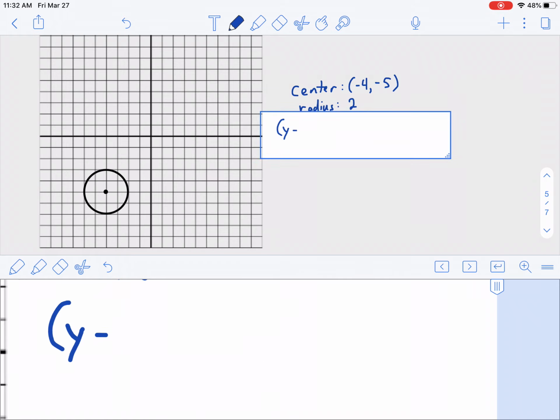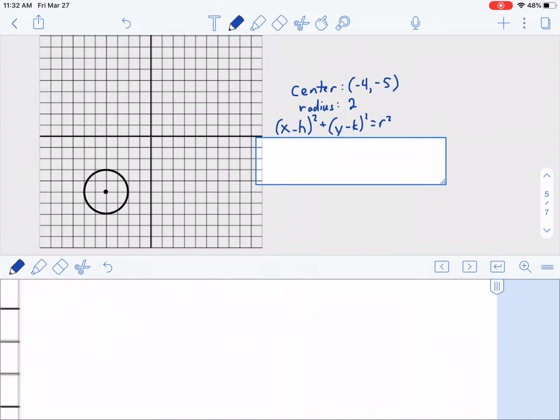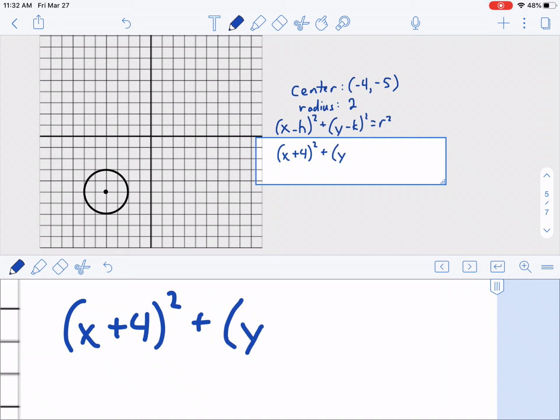And so using my equation, x minus h squared plus y minus k squared is equal to r squared. That gives me x minus -4, so that's plus 4 squared. And then y minus -5, so y plus 5 squared is equal to r squared. 2 squared is 4.